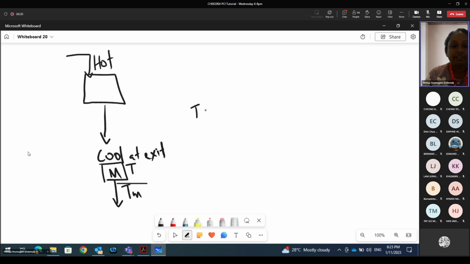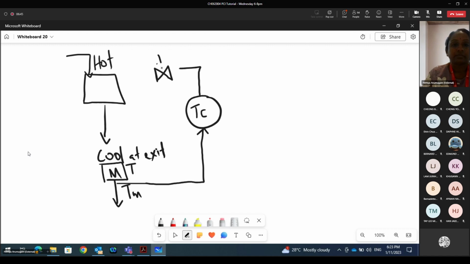Another thing, we will have a temperature controller here for cooling temperature, and it will be passing through a valve. So this is basically the cooling water, and from this valve it will be going to the heat exchanger and the cycle goes on.